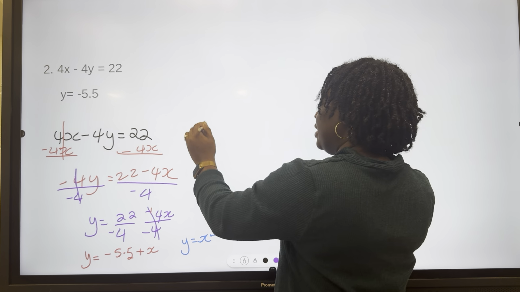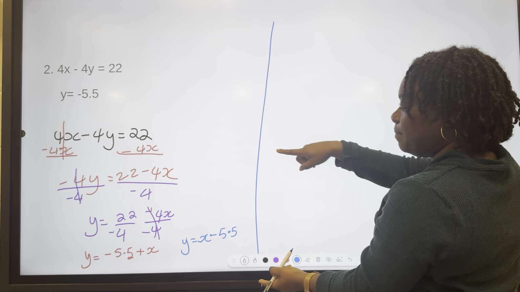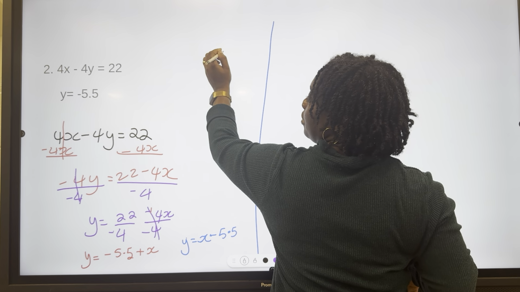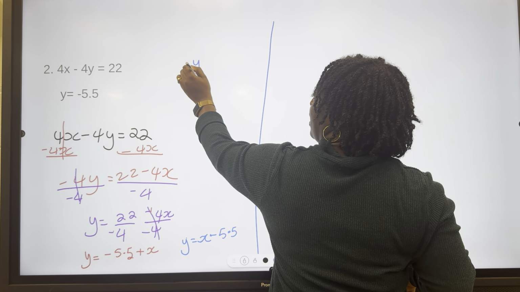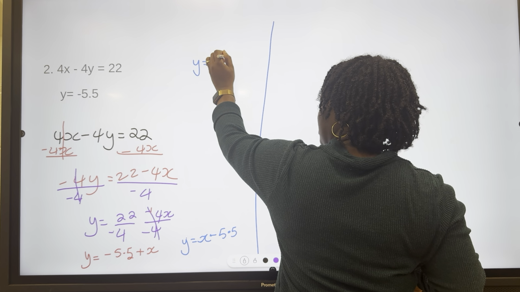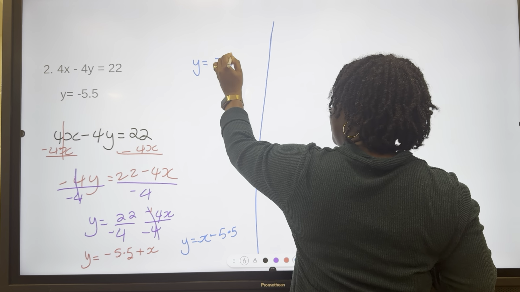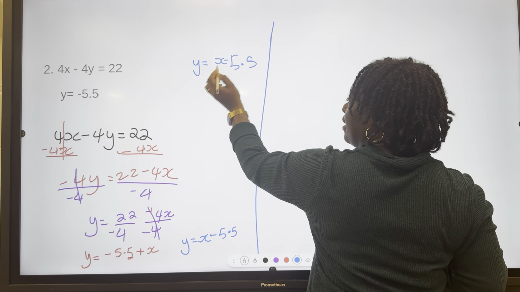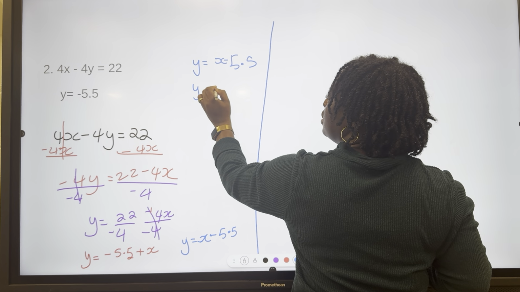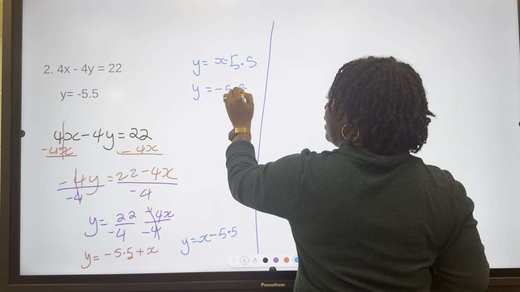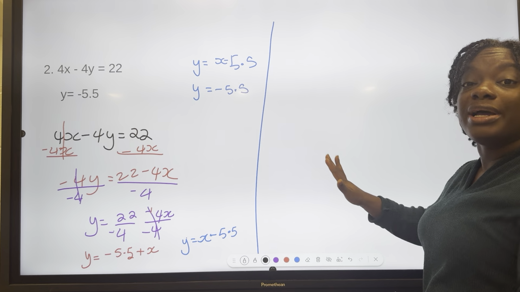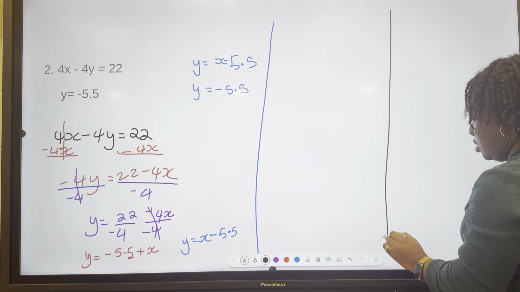So my two equations are going to be y equals x minus 5.5 and y equals minus 5.5. So we're going to go ahead and sketch this graph real quickly.